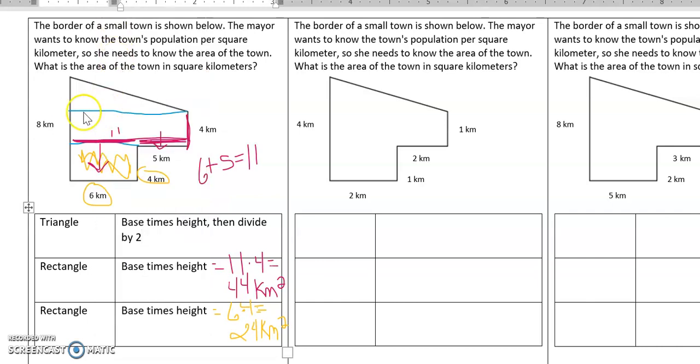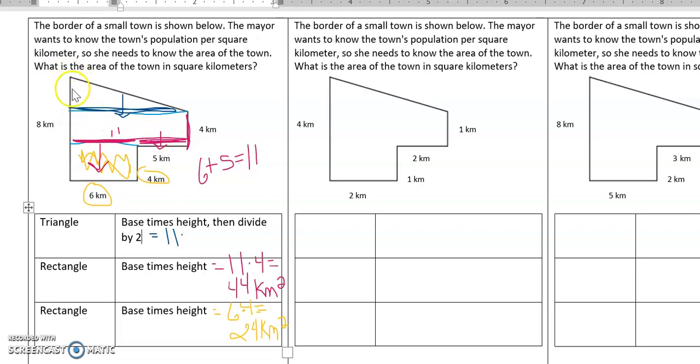To find the base of this triangle, which is not given, again, look across. I just found the base of the rectangle. That's 11. So that means my base for my triangle is also 11 because these two are the same length.